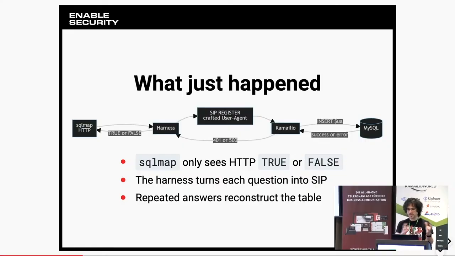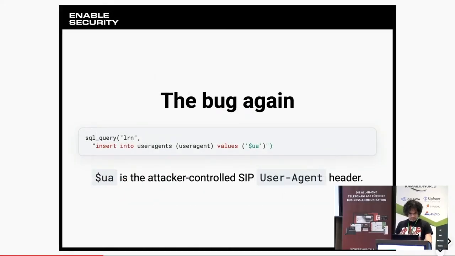And the 500 responses are enough to tell if there's a database error or not, or the Boolean signal, essentially. And just to remember how it looks, the query looks like this.